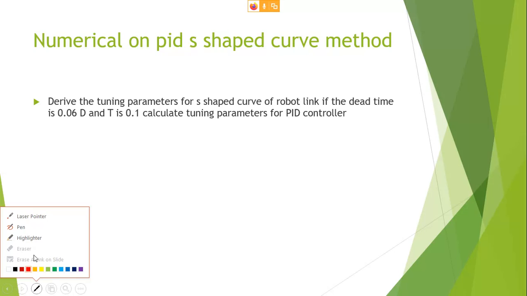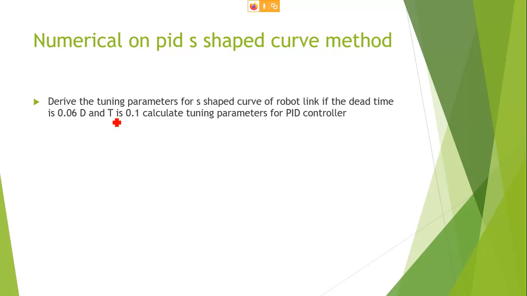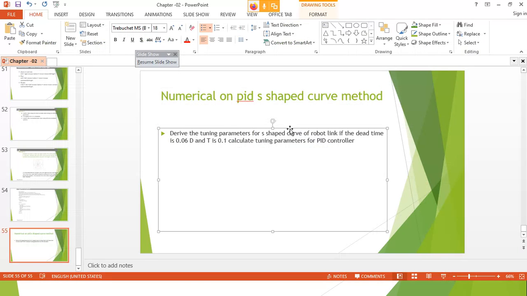It is given that your T is 0.1 and D is 0.06. In certain problems this is given as D, in certain problems it will be given as C or L, whatever it is, but it is clearly mentioned that it's the dead time, right? So for PID, for calculating Kp, what is the value? Can somebody read out? Guys, are you there?